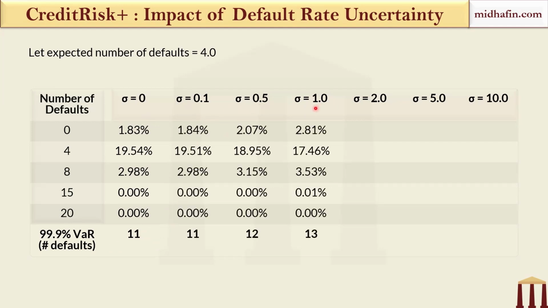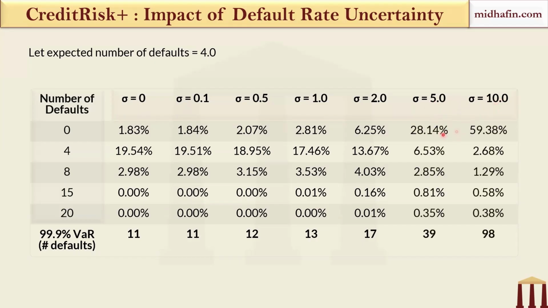Now, if you increase sigma from, say, 0.1, then 0.5, then up to 1, what you are seeing is that the 99.9% VaR actually starts to rise from 11 defaults to 13 till 1, and then to 17 if sigma is equal to 2.0. Now, what if sigma is high, say 5 or 10?